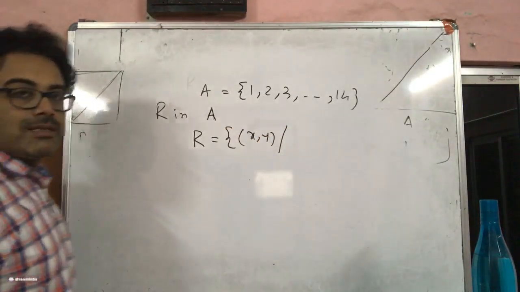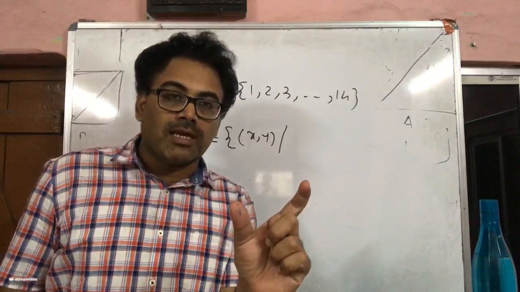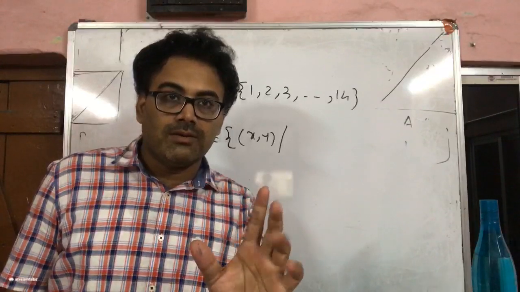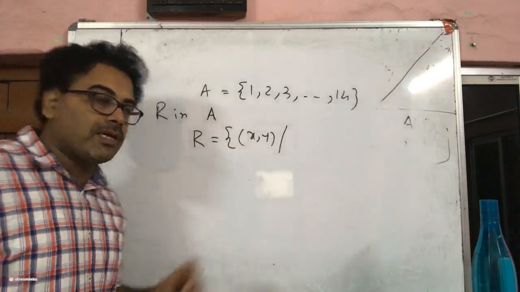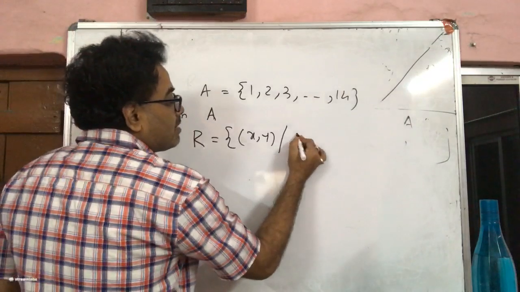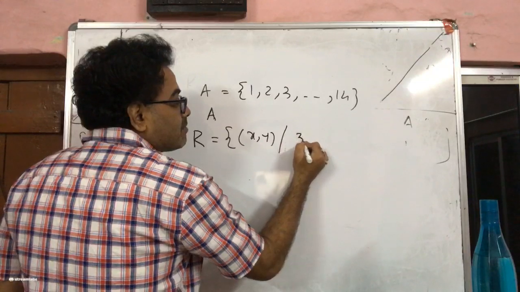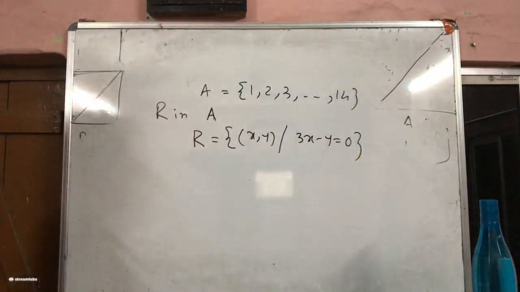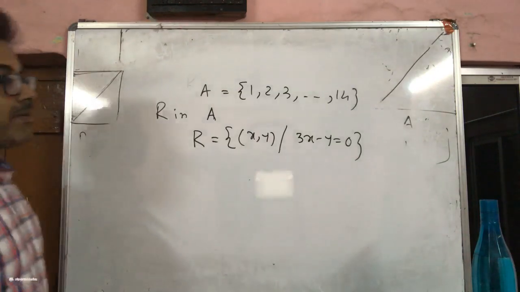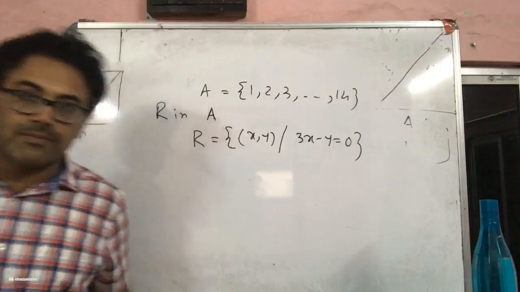I told you earlier relation is taken from A cross B. তো A cross B এর মধ্যে কি থাকে? পেয়ার্স থাকে না? ওকে, so each pair is described by x, y such that x minus y equal to 0. Okay. So you have to write down the relation in roster form.